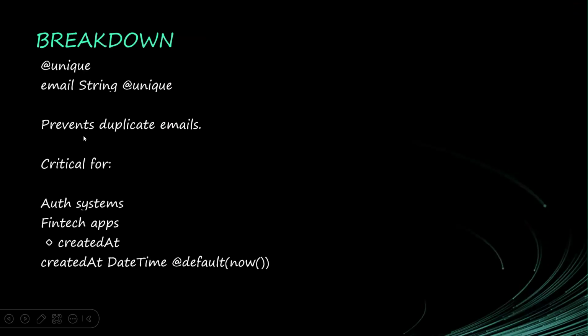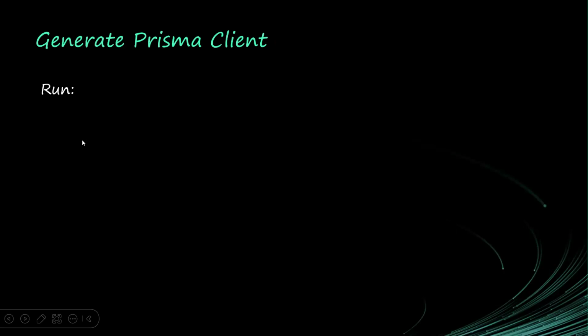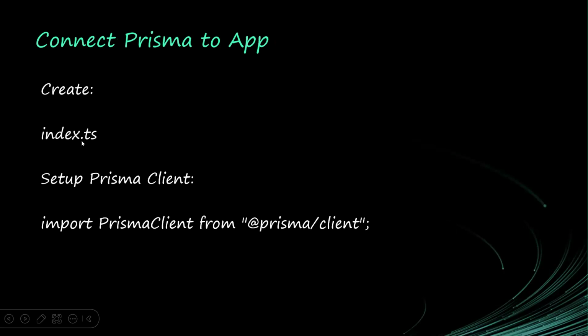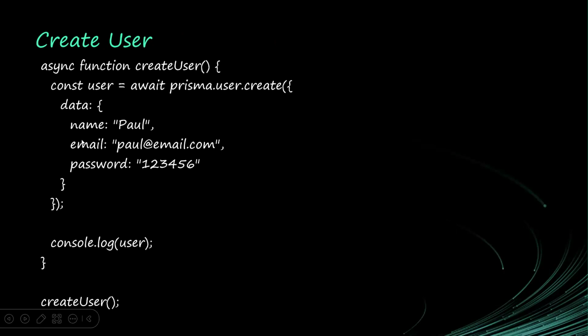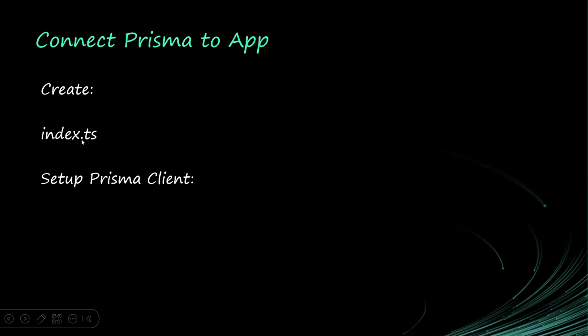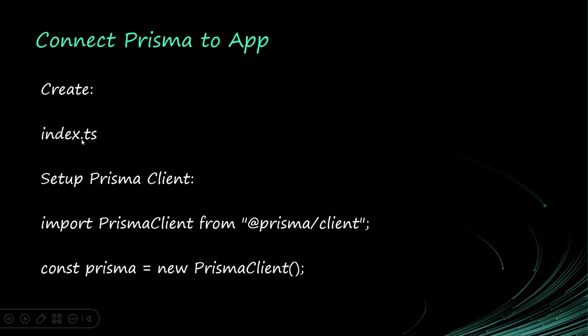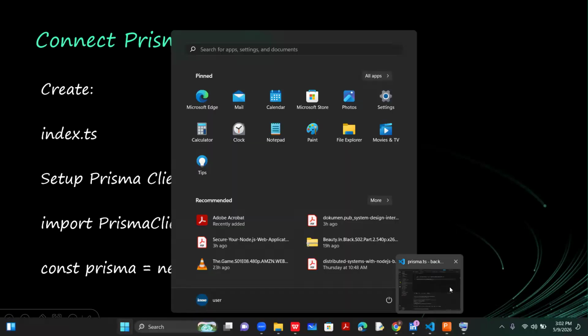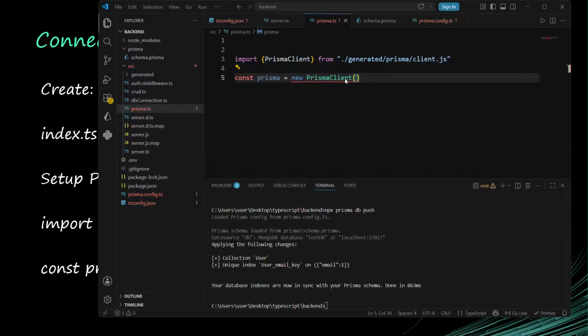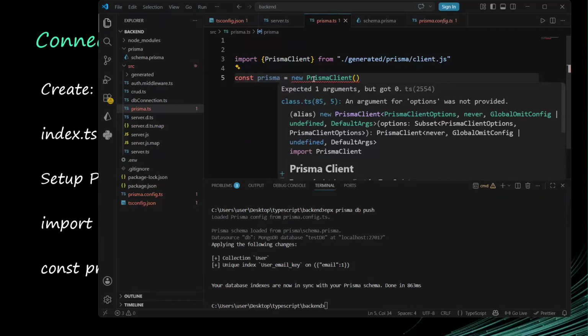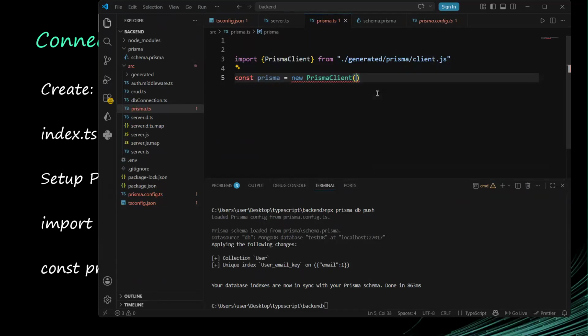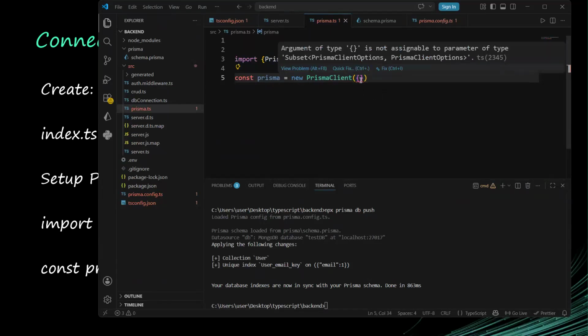So the thing is this, I think I will go back to, all right, so it's asking for this Prisma 7. It says this is something else. An argument for option was not provided. So let me just say the option is this. Okay, so what do you expect?